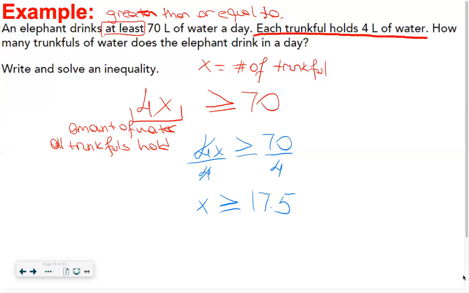We can understand x is the number of trunkfuls and x is going to be greater than or equal to 17.5, which means at least we need 18 trunkfuls.